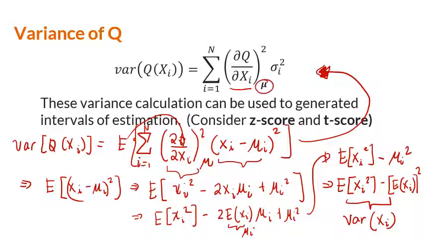Again, this mu has multiple values. So yung mean natin, tandaan natin, ay vector. So mu 1, mu 2, and so on until mu sub n. Okay, so yan yung estimation natin ng variance.